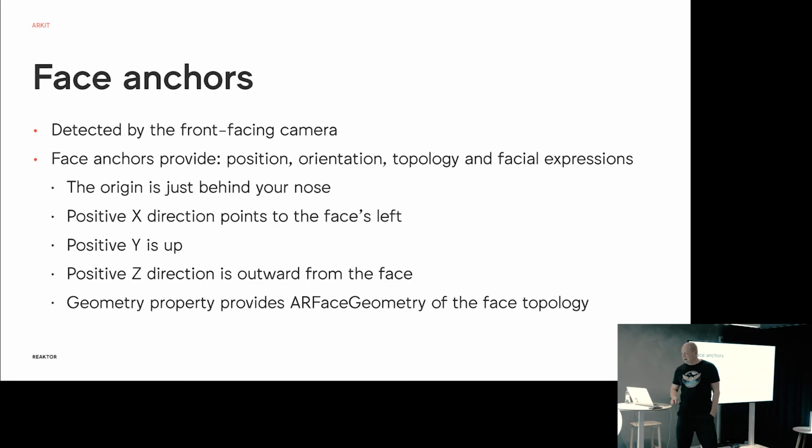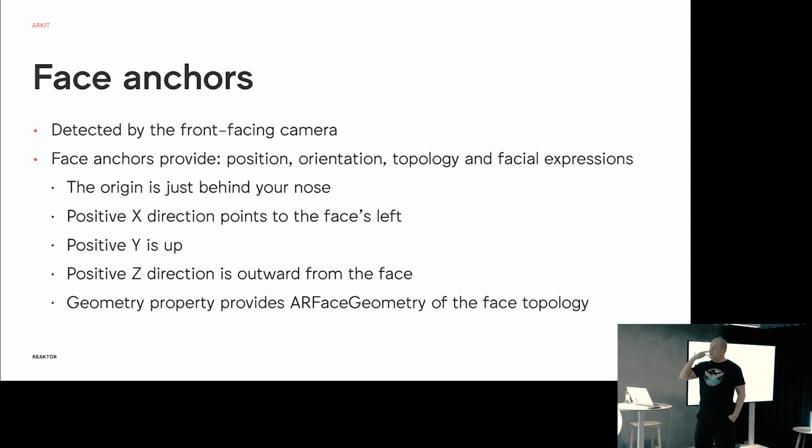And then face anchors. They're detected by the front-facing camera, and they provide the position, orientation, topology, and facial expressions of the face. Apple at least has some examples where you can see whether you're smiling or sad or whatever.